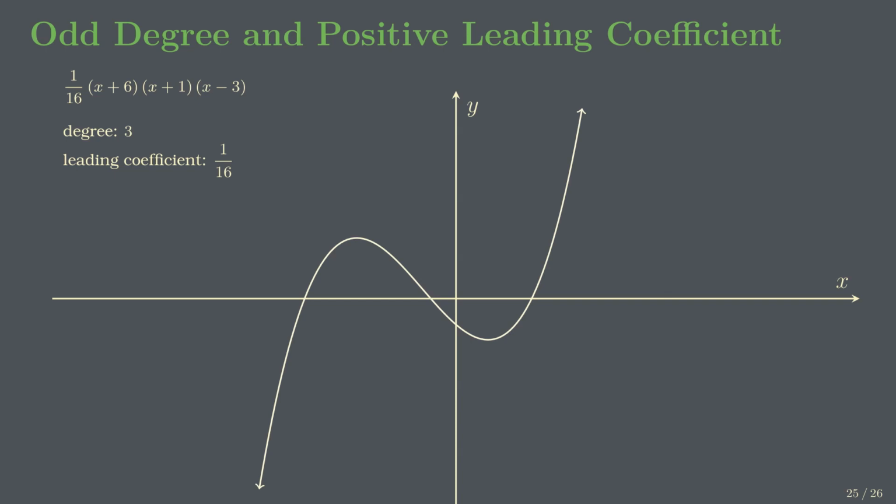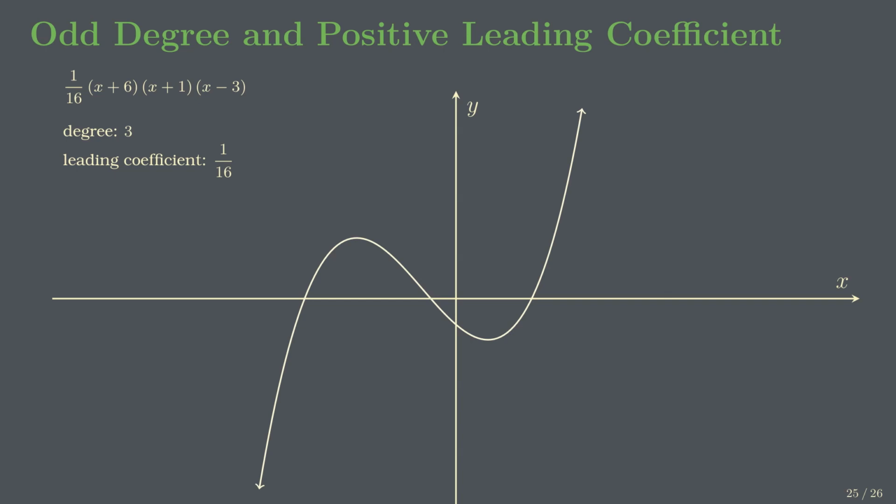So first, if the degree is odd, then we know that the end behavior where x tends to infinity and the end behavior where x tends to minus infinity head in different directions. So whenever the degree is odd, the end behavior goes in different directions.